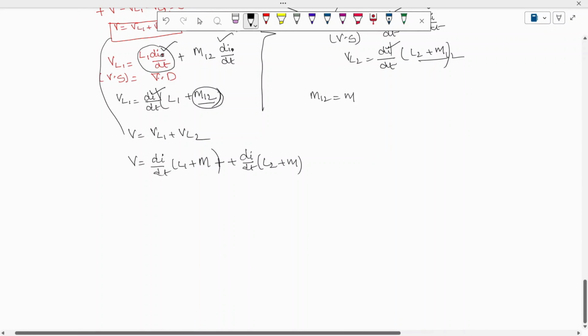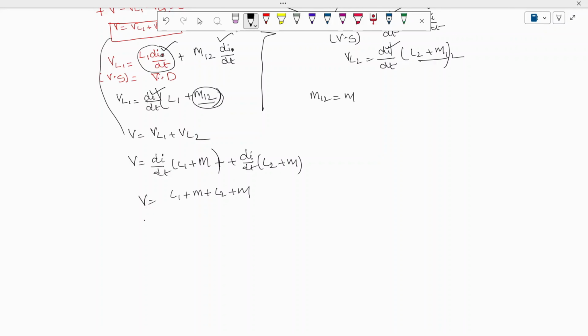So I can write this directly by removing the di by dt term as L1 plus M plus L2 plus M. So the total is di by dt of this value.